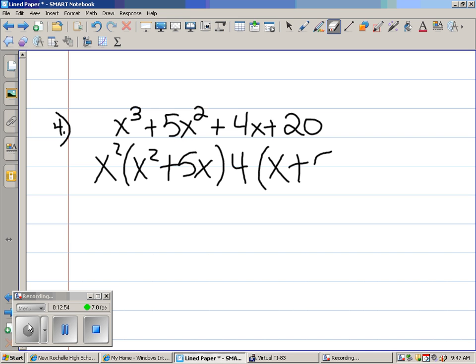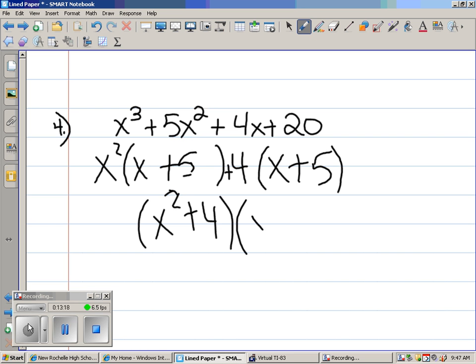Oh, wait, and then it's the same thing. Oh, so then you do x squared plus 4, and then x plus 5.